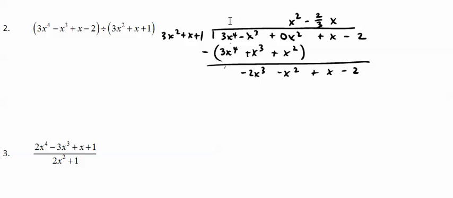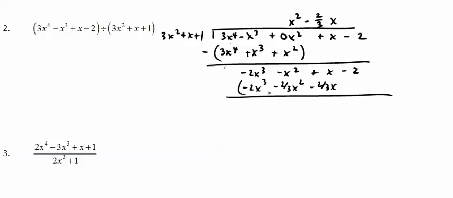Whatever you divide it by. Because 3 times negative 2/3, the 3's cancel and you're left with negative 2. So that's negative 2x to the third, negative 2/3 x squared, and that is negative 2/3 x.